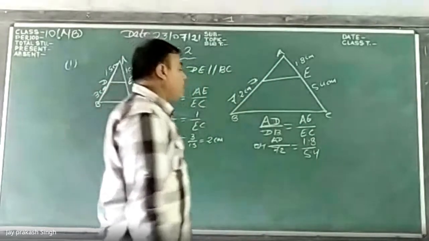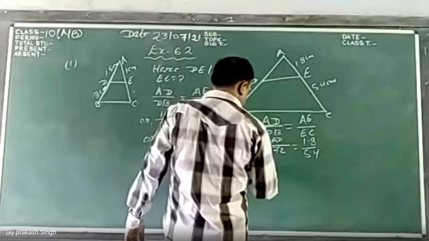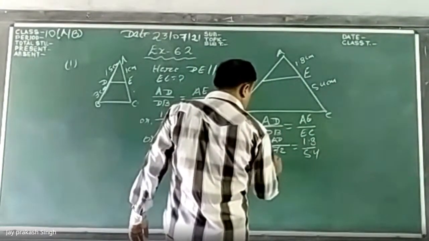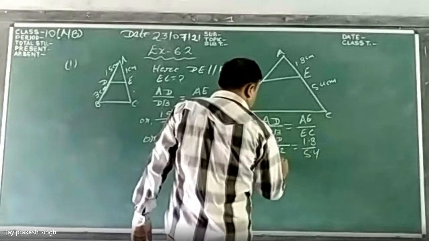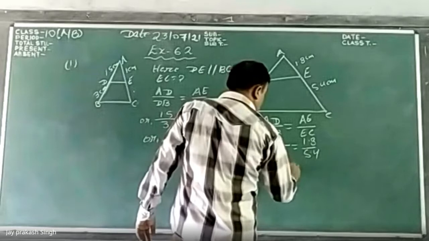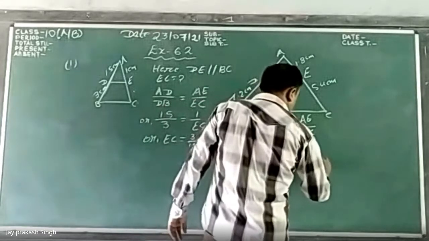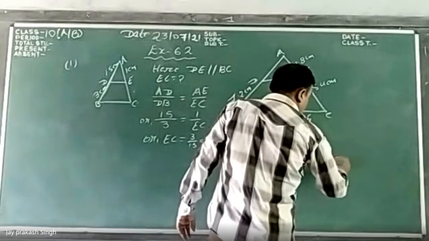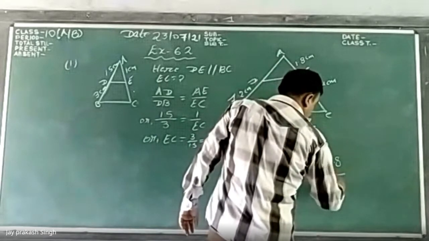So when you divide this, we can write AD equals 7.2 into 1.8 divided by 5.4.